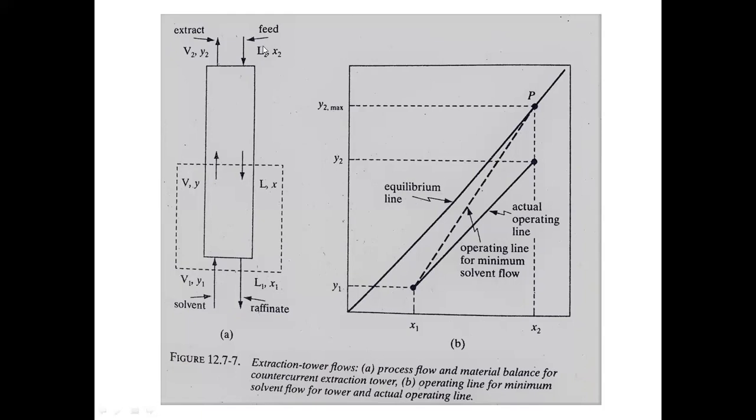I am using the term weight because in extraction, that's another difference with stripping. In extraction, we're using weight percentages. In stripping, we're using mole fraction. So this is the weight fraction of the feed, and given the slope of the equilibrium line, or knowing the slope of the curve, you'll be able to get your Y2. And this is already the point wherein you have the corresponding minimum solvent requirement.